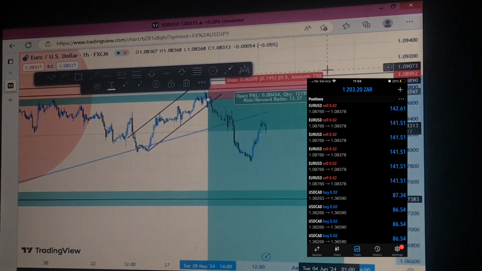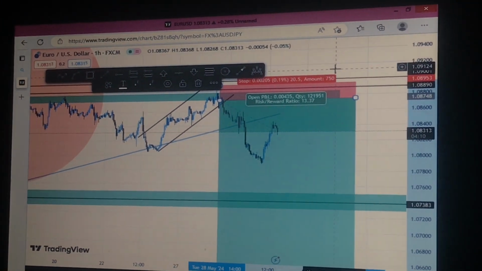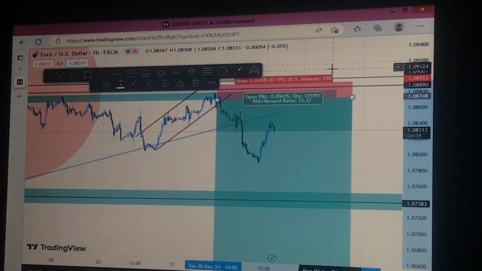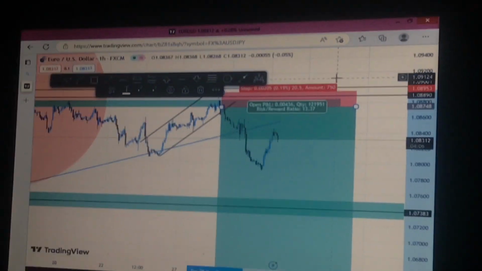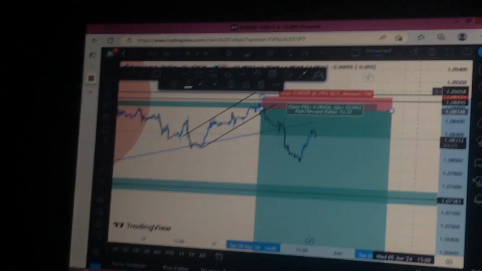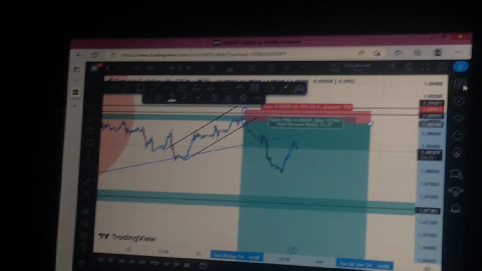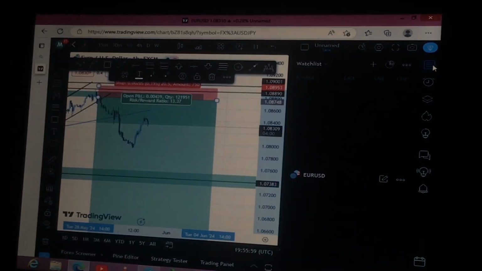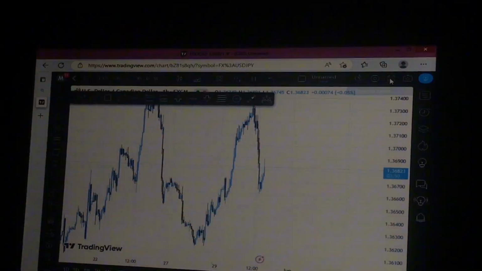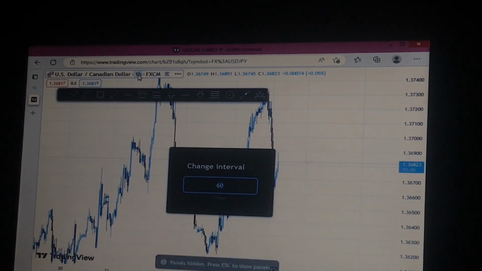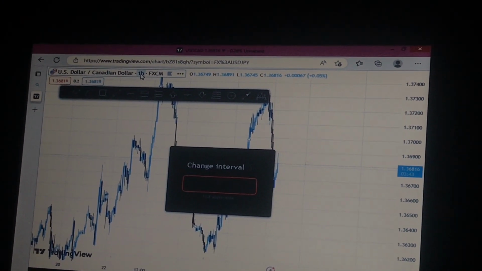And then also on USDCAD. Let me go to USDCAD real quick, because the camera is actually low. So on USDCAD, I saw a buy.